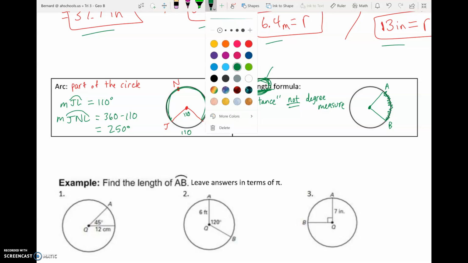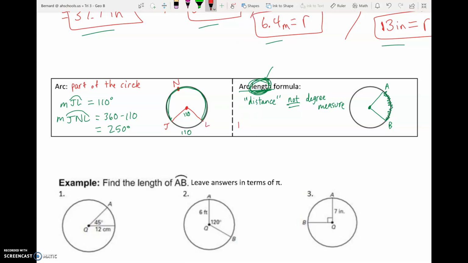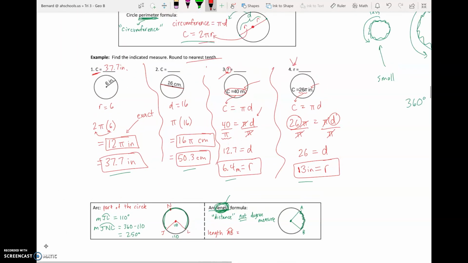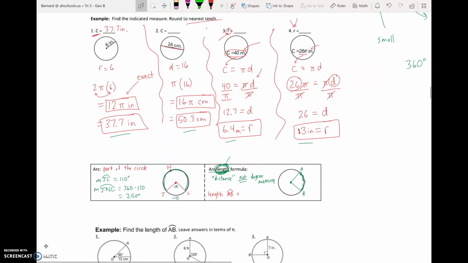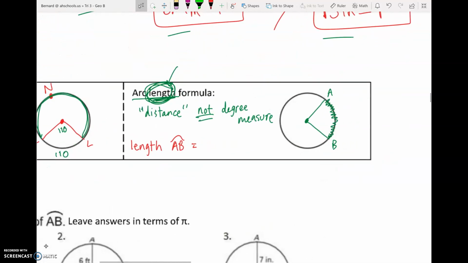And so here's how we would find the length of arc AB. The length of arc AB is found by this formula. And basically, it's the circumference formula again. So pi times diameter, or 2 times pi times radius, but that circumference gives you the distance around the whole circle. We need to just do a distance around part of a circle, around a fraction of the circle. And so here's what we do.